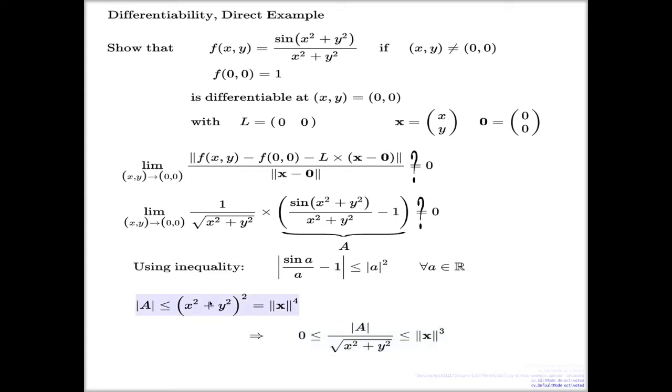Because the absolute value of a is controlled by this value, the denominator is just one single length of x. X is here. So if I need to conclude that the limit of this expression is 0, here's my sandwich principle again. Left-hand side is constantly 0, right-hand side vanishes because of this.